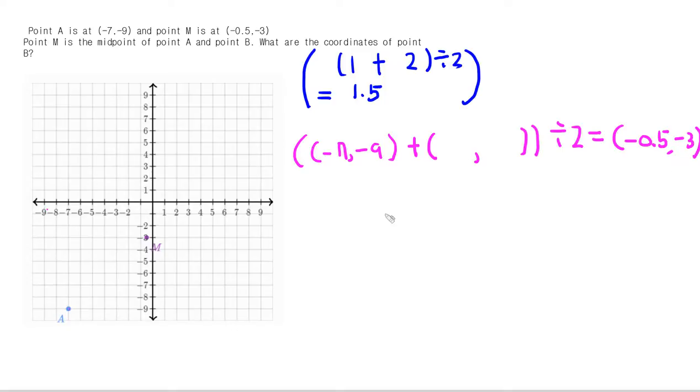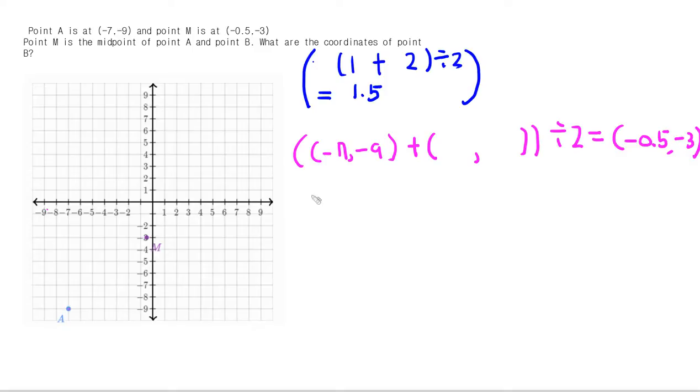This is a little bit different from the last videos' examples. The way to do it is to multiply both sides by 2, which cancels out the divide by 2.